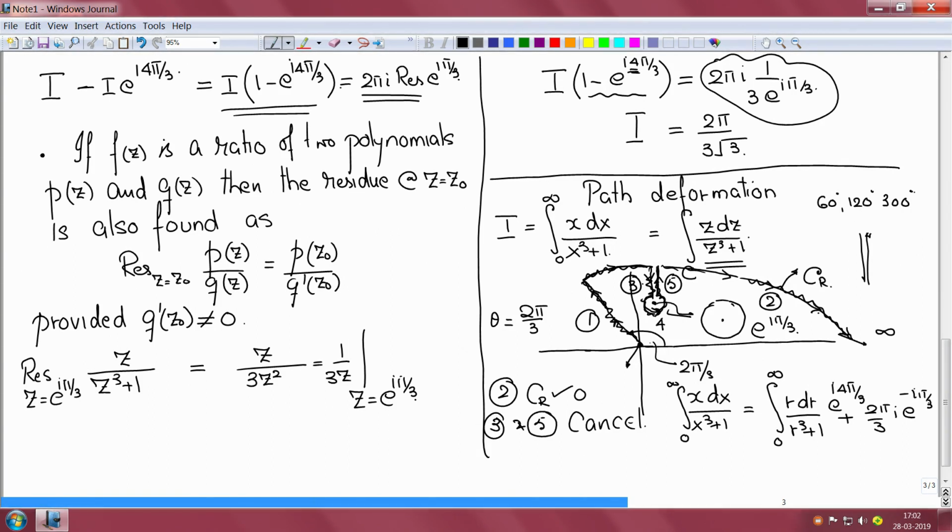So if you see, I have acquired the same equation. So this is I into e to the power i 4 pi by 3.